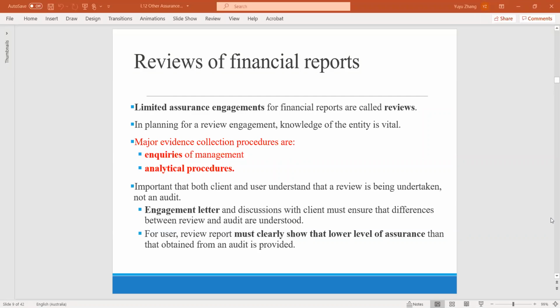Because the level of assurance is limited, of course the evidence collected will also be limited. The major evidence will be from inquiries and analytical procedures. For review engagements, the audit opinion is expressed in a double negative form.